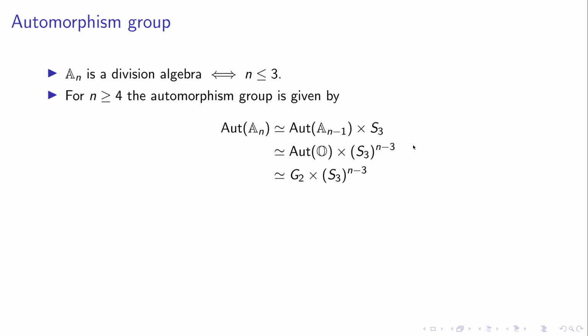This is the symmetric group in 3 letters, and it corresponds to the new imaginary units that are introduced by the Cayley-Dickson process. So, in particular, the automorphism group of A_n is the automorphism group of the octonions, the Lie group G2, times S_3 to the power n minus 3. In particular, the dimension of the automorphism group is always the same after the octonions.